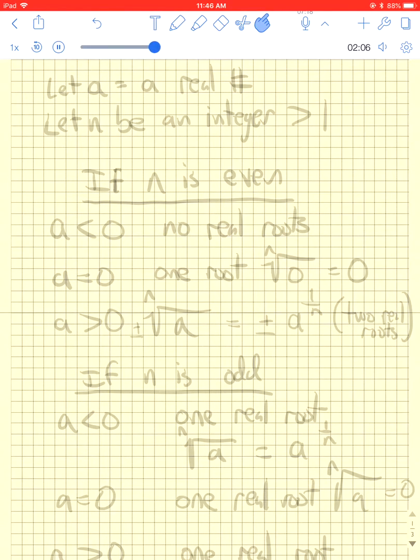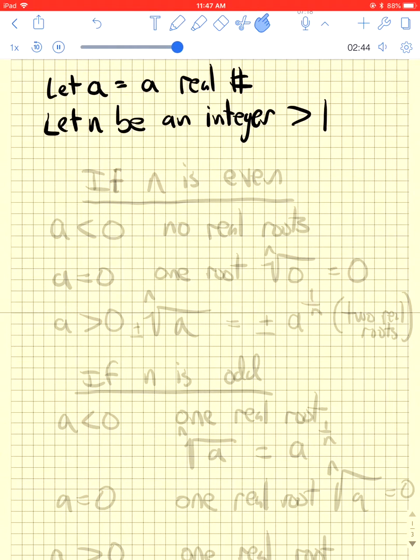So there is an nth root of a, and what that means is let a equal a real number, and let n be an integer greater than 1.